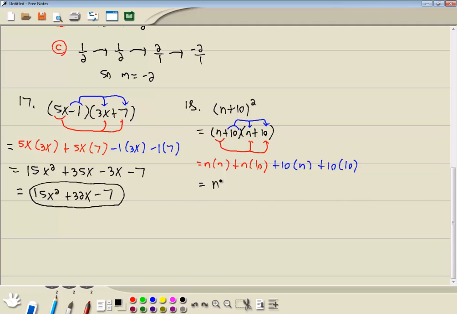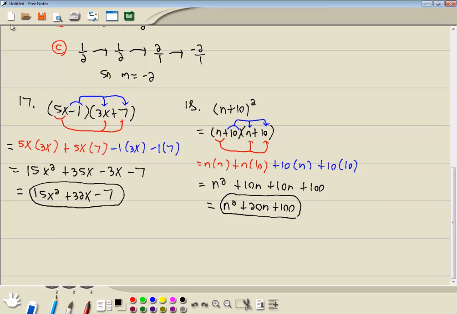Well, n times n is n squared. N times 10 is 10n. 10 times n is 10n, and 10 times 10 is 100, which gives us n squared plus 20n plus 100. And that's our answer.